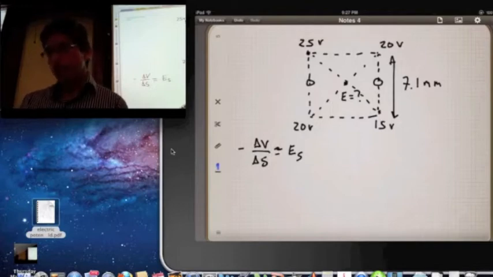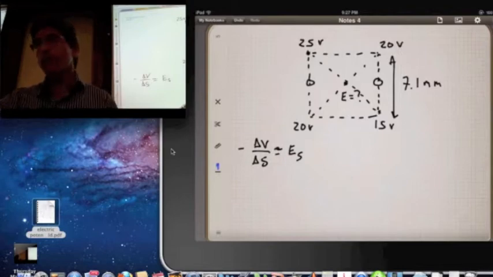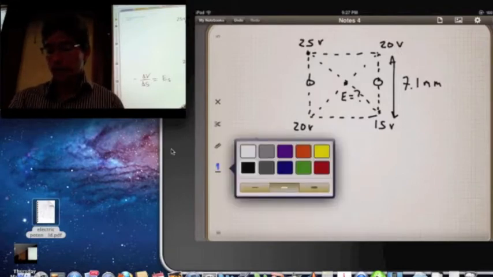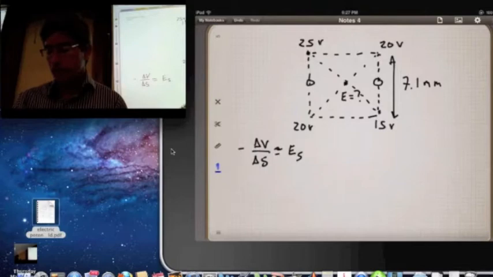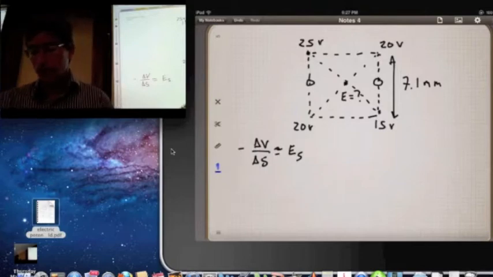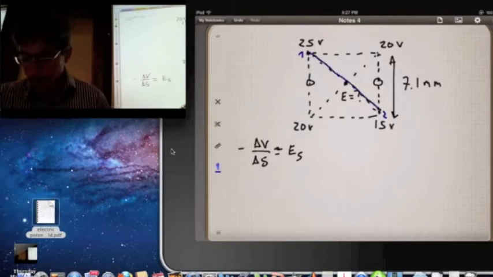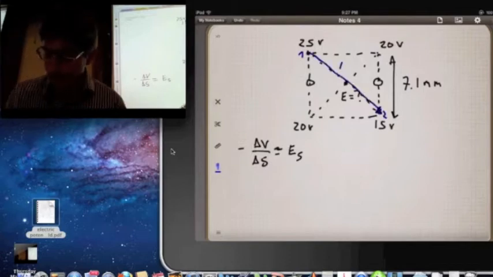So you want to take directions that are not the X and the Y directions. What would be a good direction to take to look at the difference in potential? Well, you have these two diagonals, right? You could say that this is your point 1 and your point 2, and your delta S is going to be from here all the way to here. That could be a direction. So take your delta S to be that way.